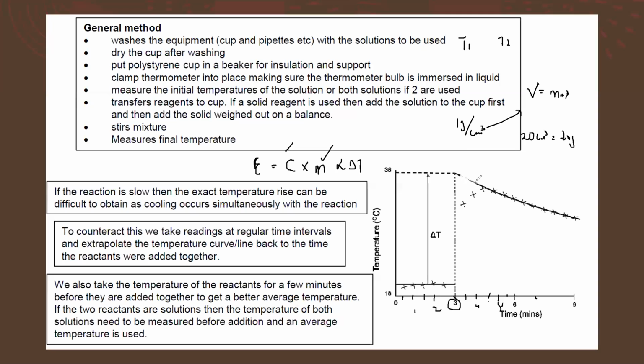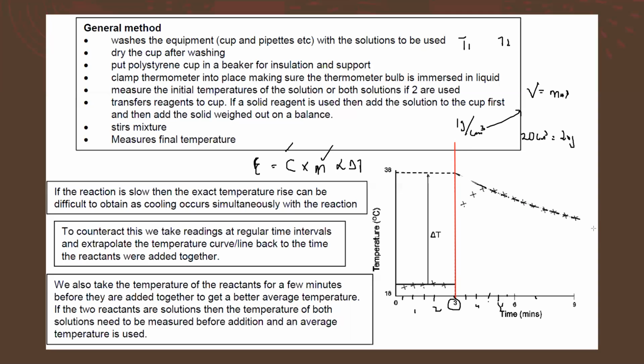Using this pattern, these are the points which we will have when we plot our result. How can we work out the maximum temperature or the temperature change? For this purpose, at the moment when the reaction starts, for example if we add the reaction mixture at 3 minutes, we draw a perpendicular, 90 degree vertical line at the moment when we mix them.